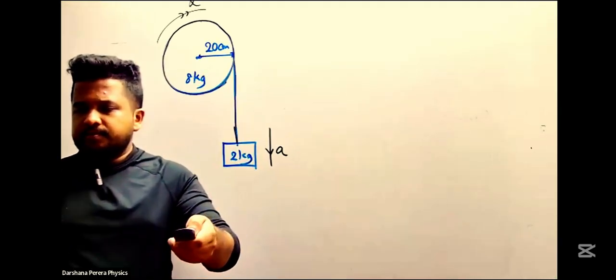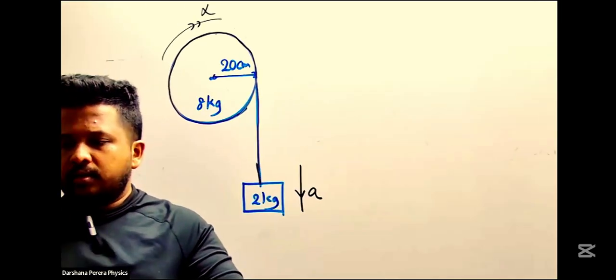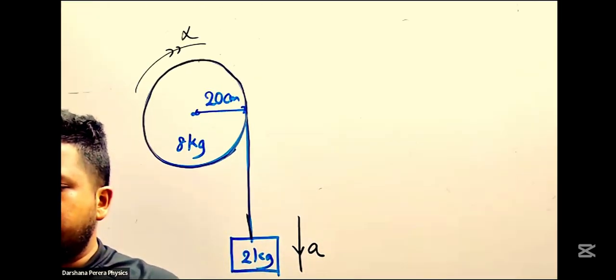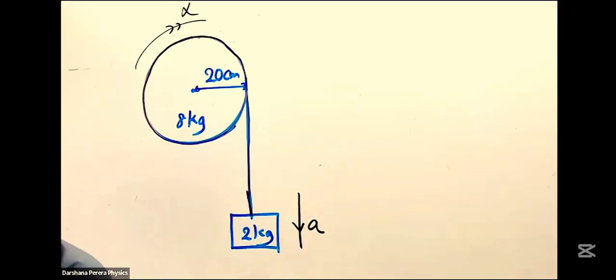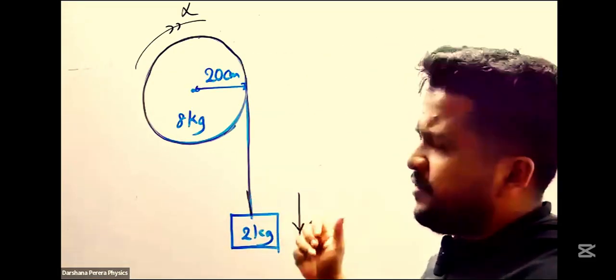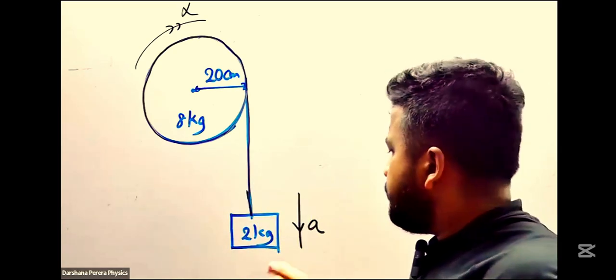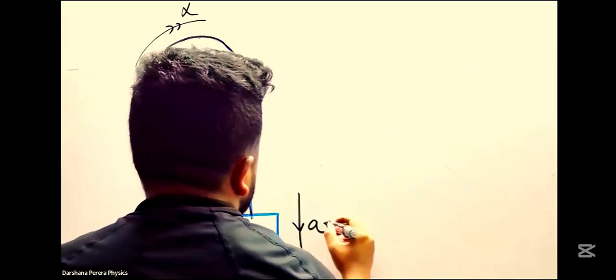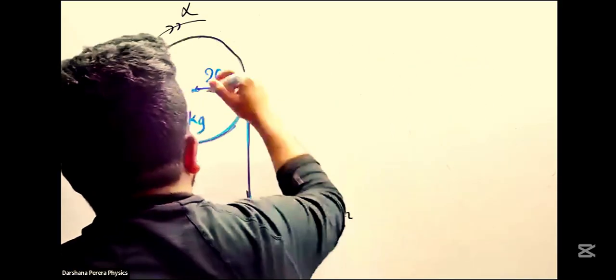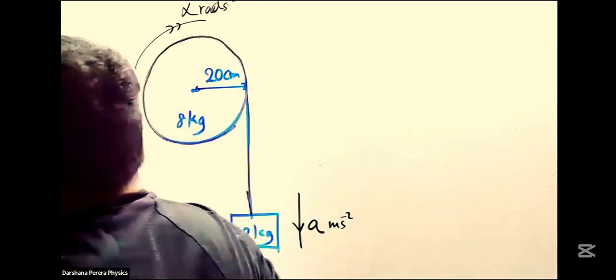This is the diagram. It's connected to the 2 kilogram. It is connected to the cylinder using the lightweight string, and 2 kilogram is going down with acceleration, and the cylinder rotates with the angular acceleration.